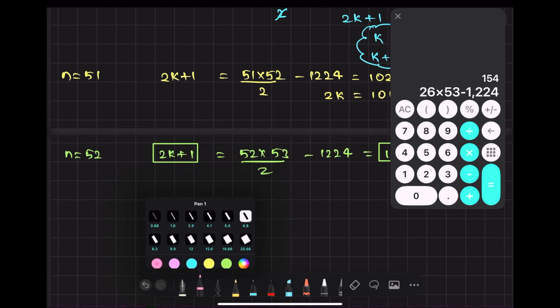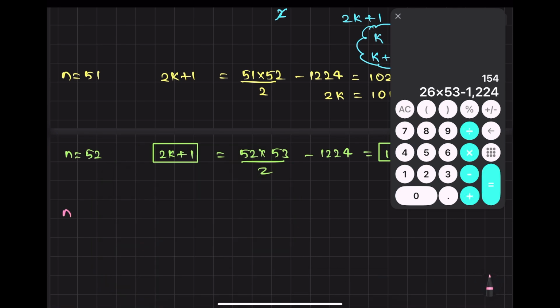Now let's say that n is 53. So if n is 53, 2k plus 1 will become 53 into 54 by 2 minus 1224. Okay, so it is 53 into 27 minus 1224.